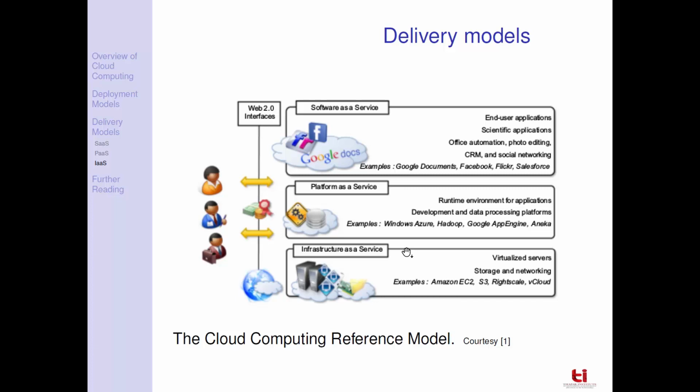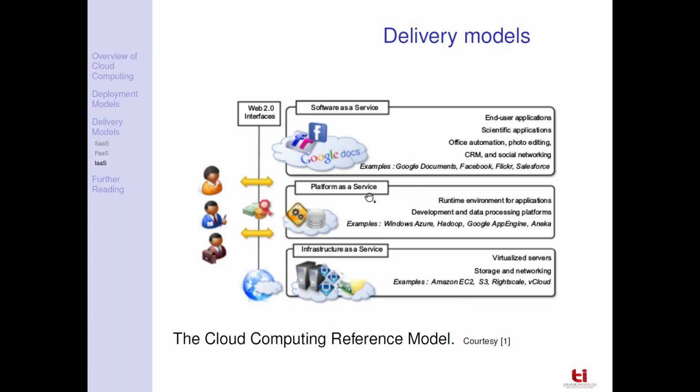Software as a service consists of end user applications, scientific applications, office automation, photo editing, CRM, which is customer relationship management, then social networking. So these are all the applications which are provided as a service to the users, and it is called software as a service. Examples are Google, Facebook, etc.